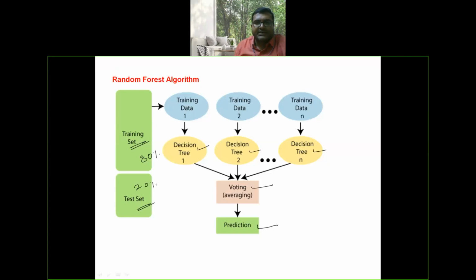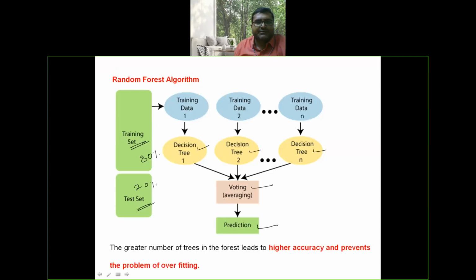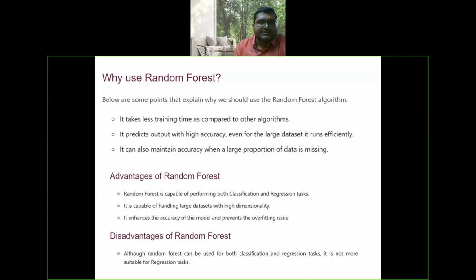A greater number of trees in the forest leads to higher accuracy and prevents the problem of overfitting. Students, just go through why we use the random forest algorithm, and its advantages and disadvantages.